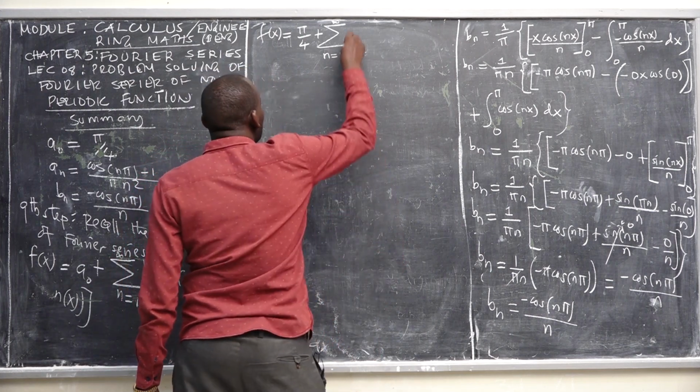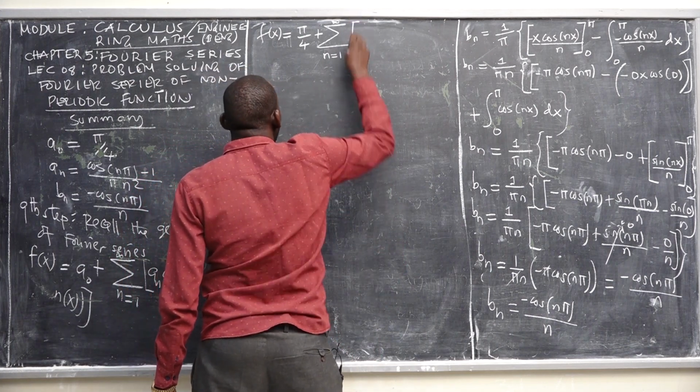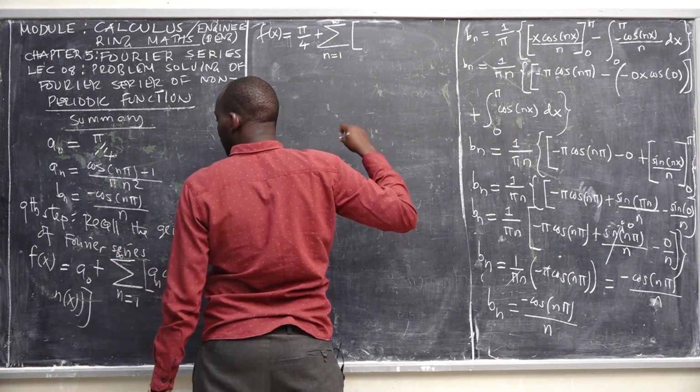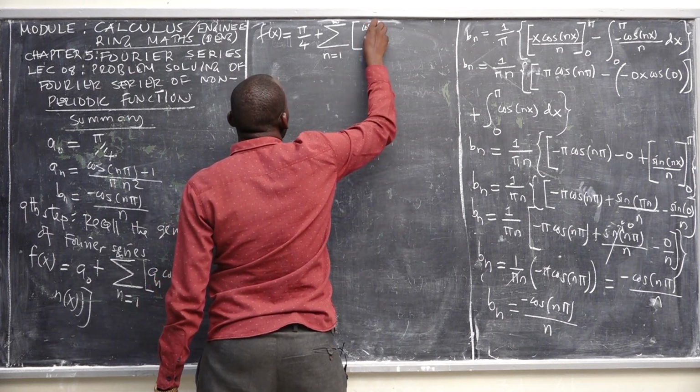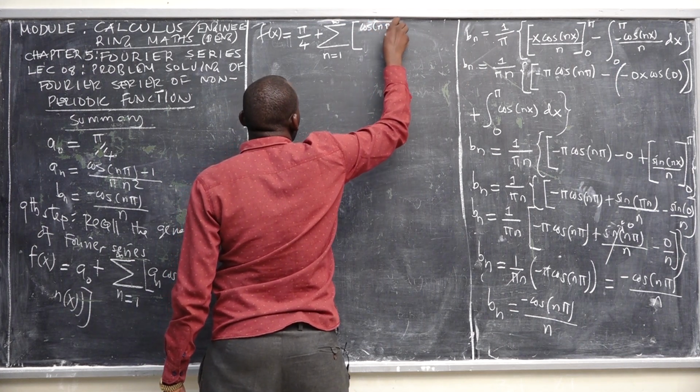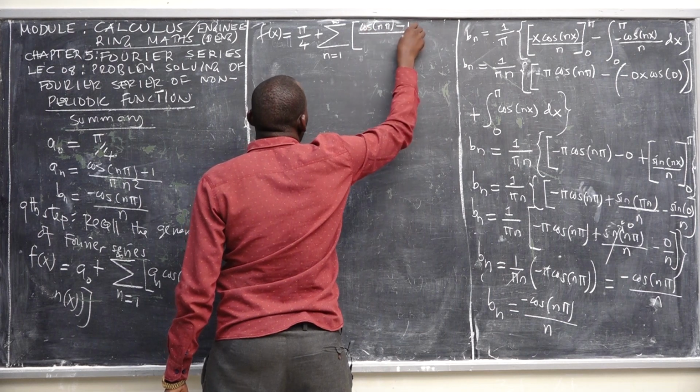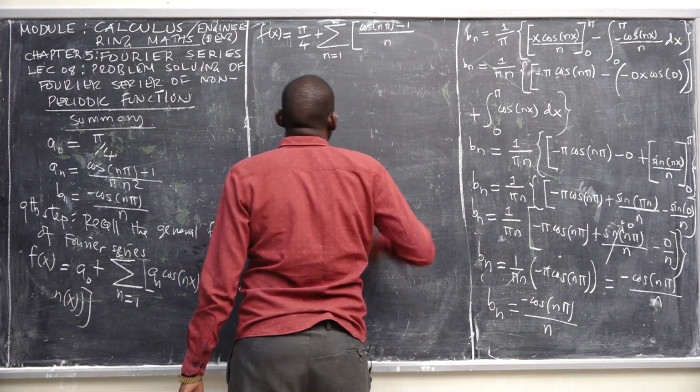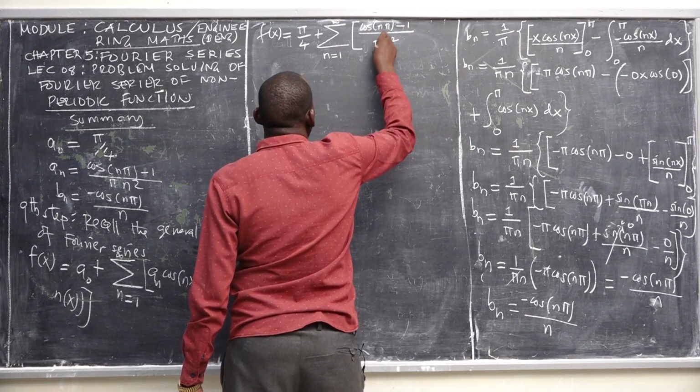So then we have what? An. What is an? An is cosine of n pi minus 1 over n squared pi.